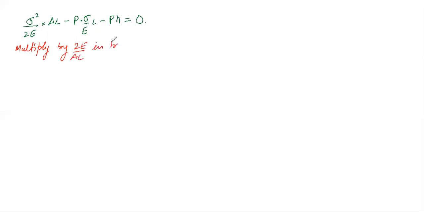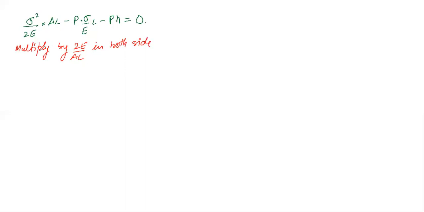We can write it like sigma square by 2E into AL minus P into sigma by EL minus PH is equal to zero. Now in this equation, multiply by 2E upon AL on both sides, right?